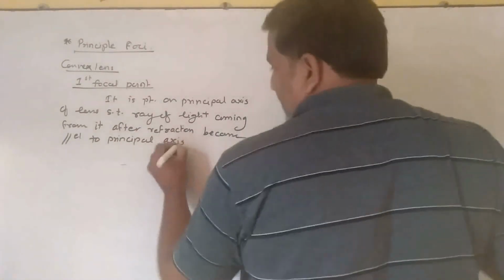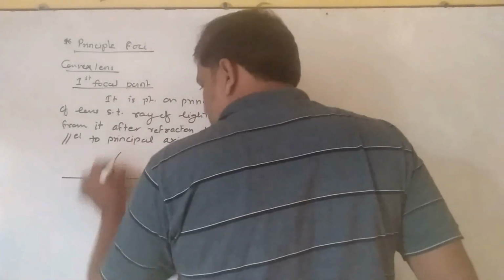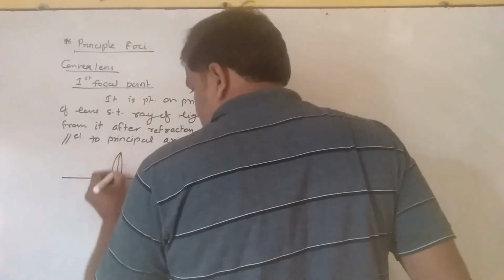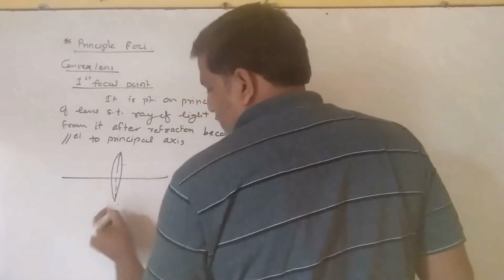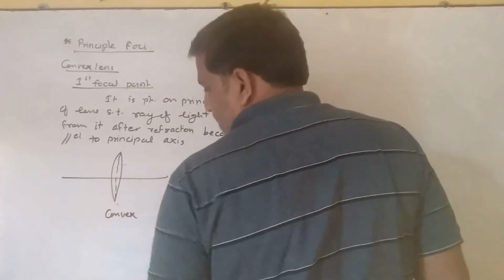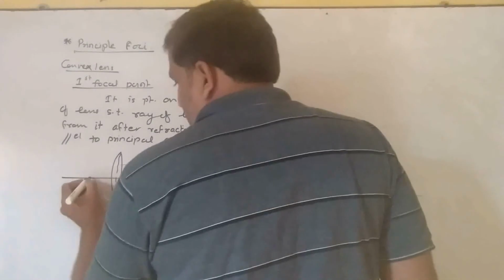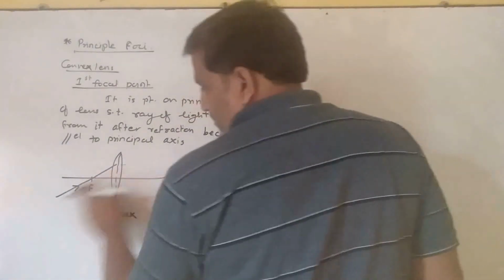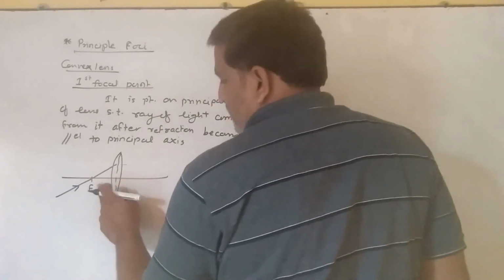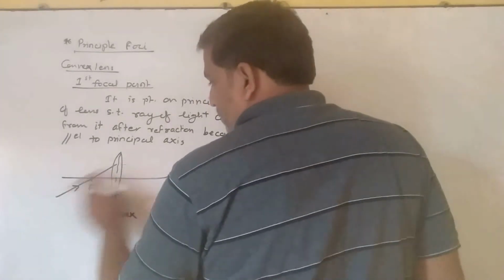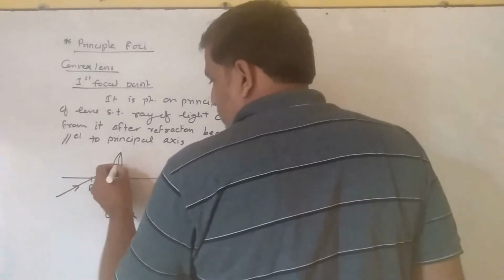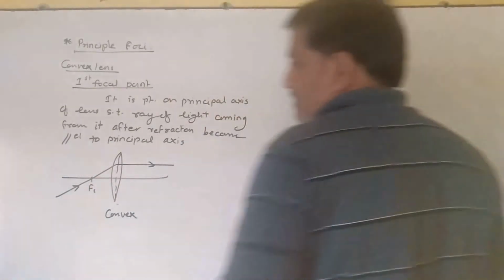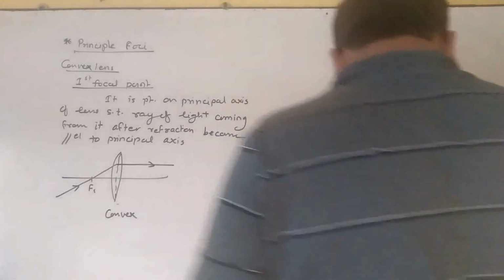Principal axis means, say this is a convex lens, principal axis and principal section. A ray of light coming from this point, which is known as the first focal point, F1, after refraction is parallel to the principal axis.